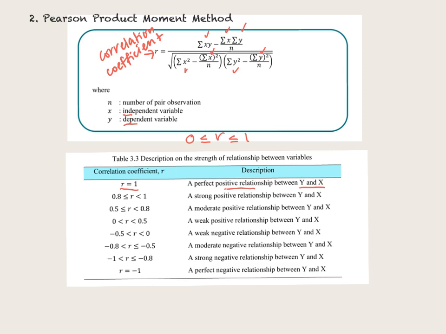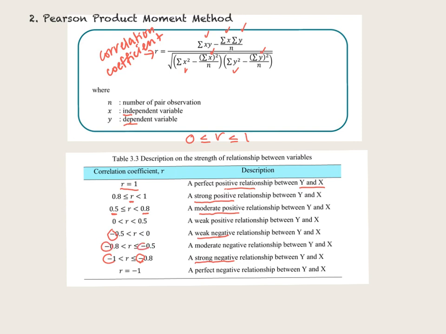Or if you get your r value between 0.8 and 1, we consider it to be strong positive. But if you have the negative value, we consider it strong negative. 0.5 to 0.8 is moderate positive. If you have the negative, it's going to be a moderate negative relationship.